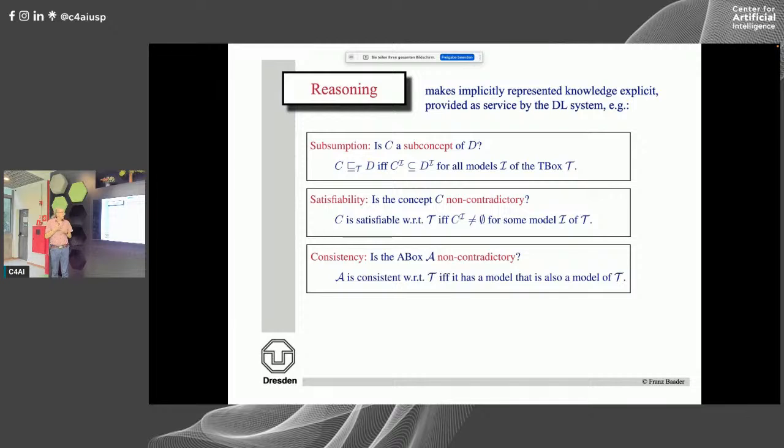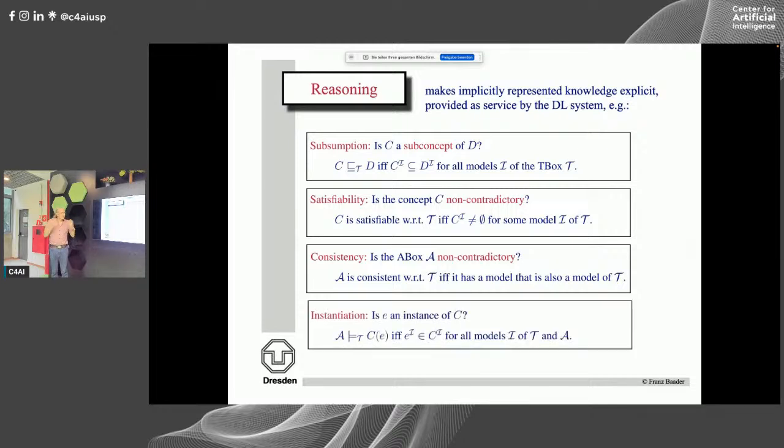Now, of course, A-boxes can also be contradictory. And this is the question, does it have a model, which is also a model of the T-box? And the instance problem talks about whether an element E belongs to a concept C with respect to our knowledge base.